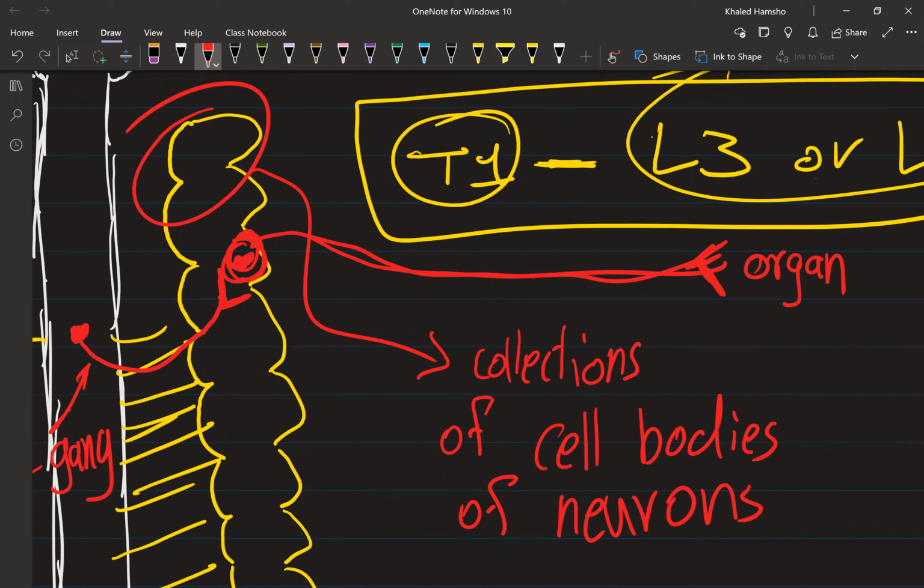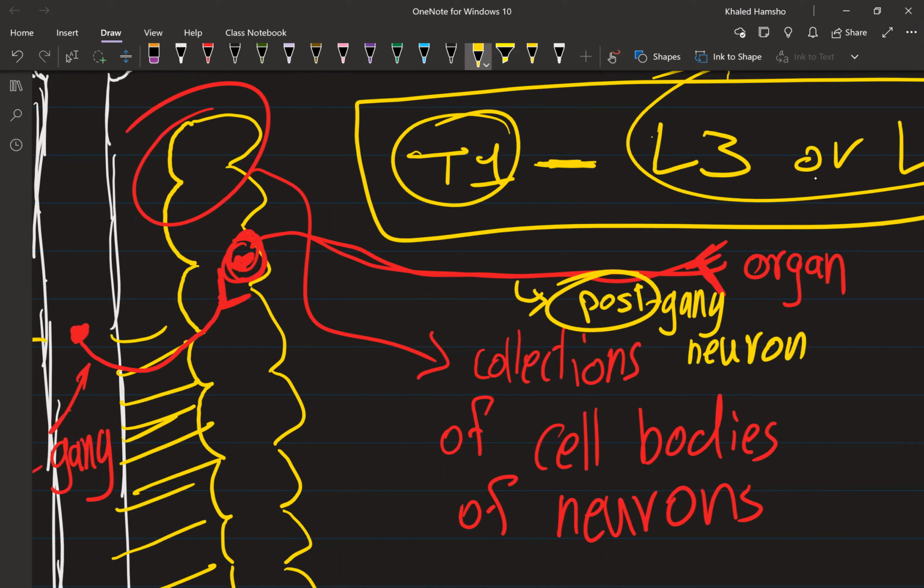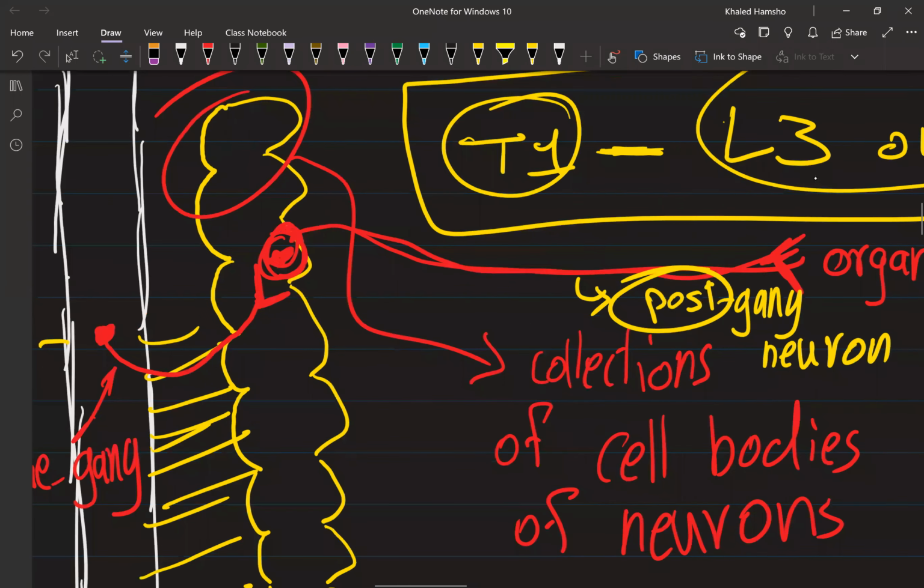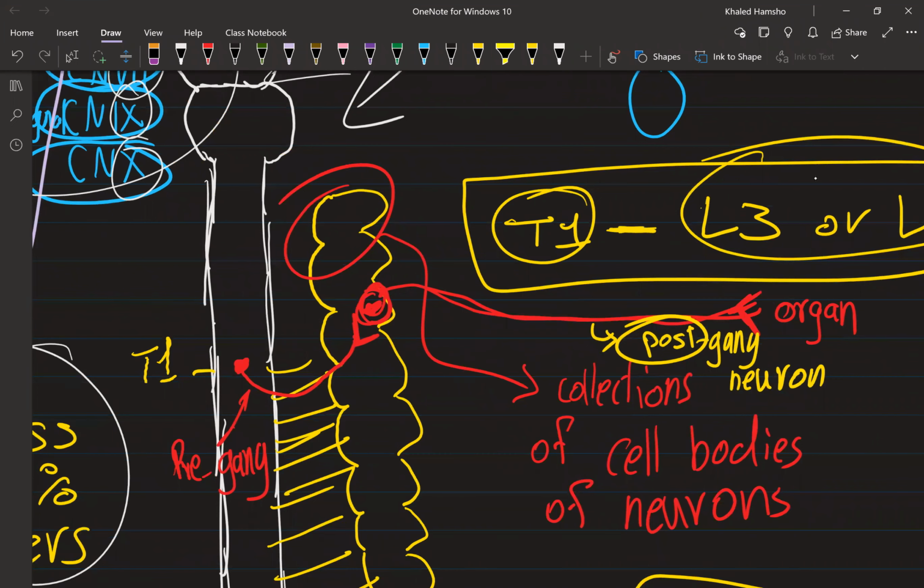This is known as the postganglionic neuron. It's postganglionic because it comes after the ganglion. That's the only difference between these two. So the autonomic nervous system consists of two sets of neurons, pre and post ganglionic.